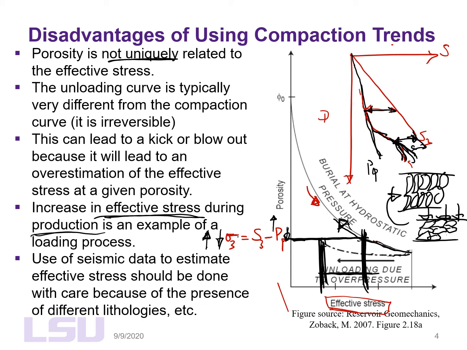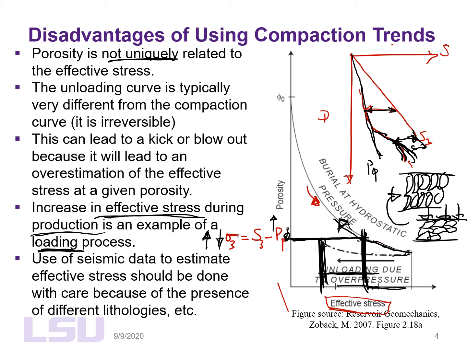So you actually increase the load on your reservoir as you withdraw fluids from it, which is actually interesting. So that is an example of a loading process and not an unloading process. Overpressure will be an example of an unloading process because that increases pore pressure and reduces effective stress.